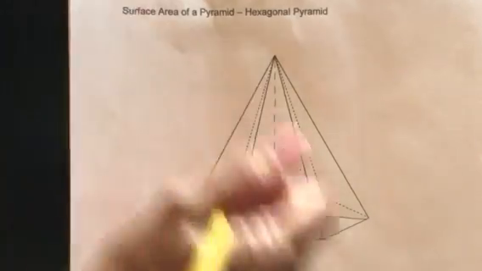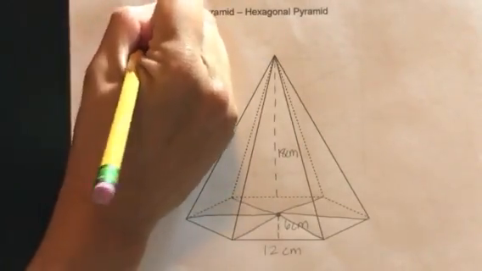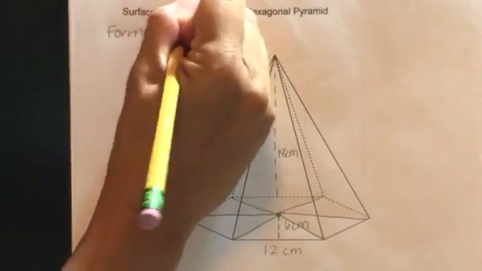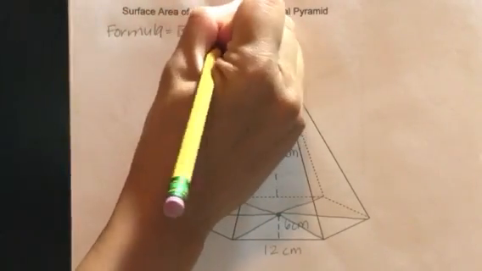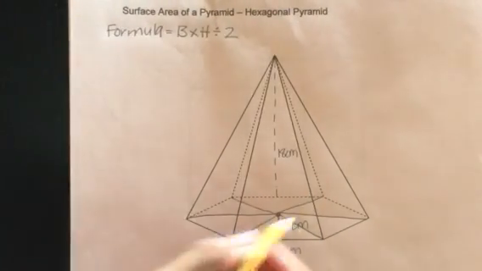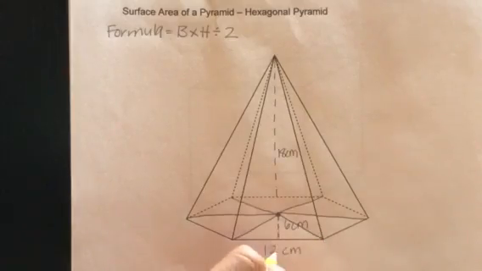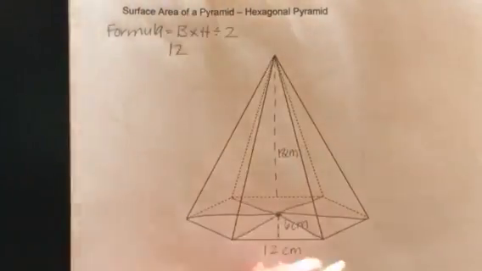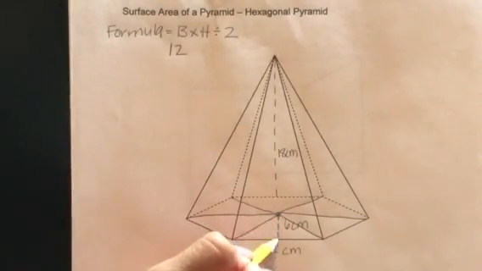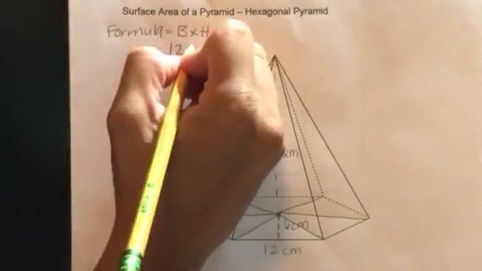Remember that in order to solve for the area of a triangle, the formula is base times height divided by 2. So on this triangle, I'm going to solve for this one. You can see that the base is 12 and that the height, which is that drop down point that goes straight up and down, is 6.